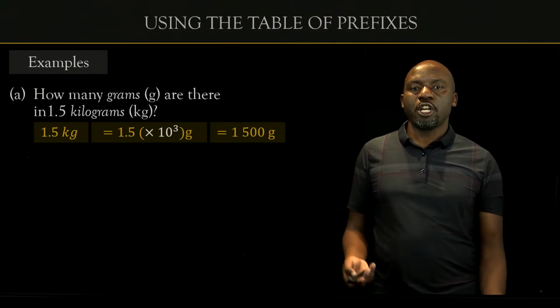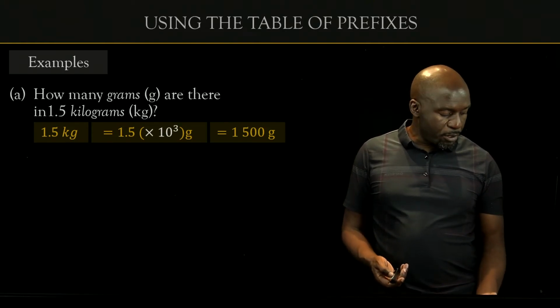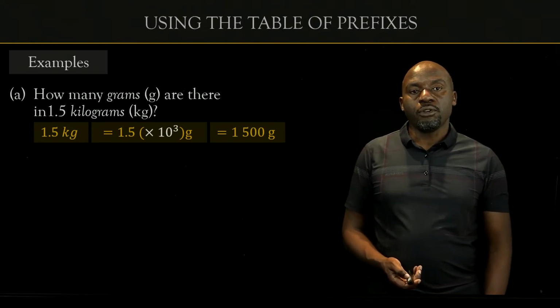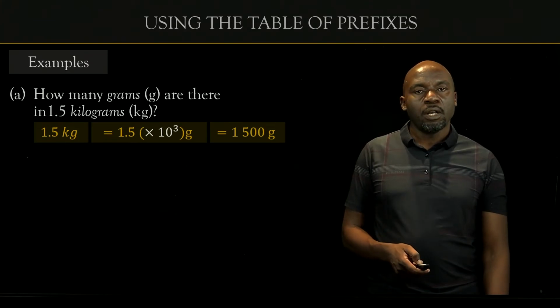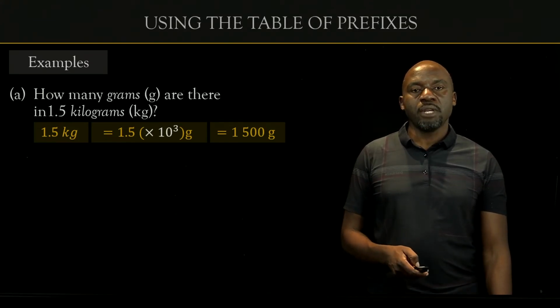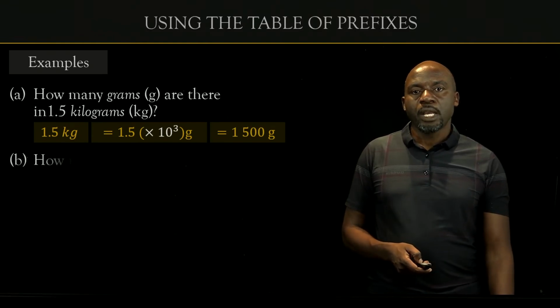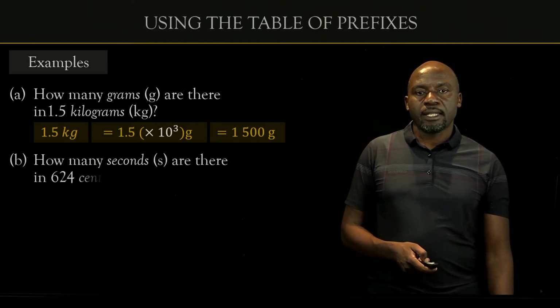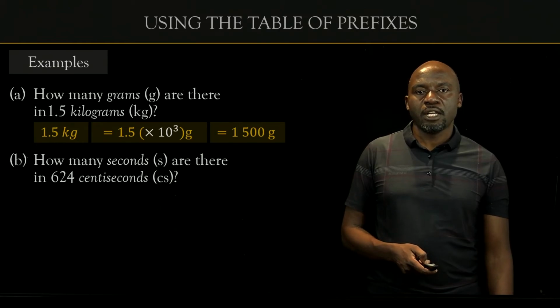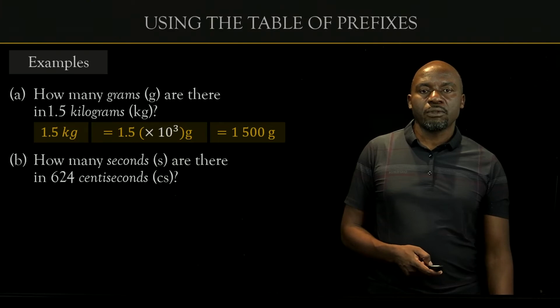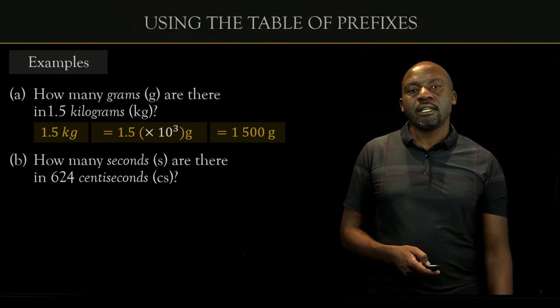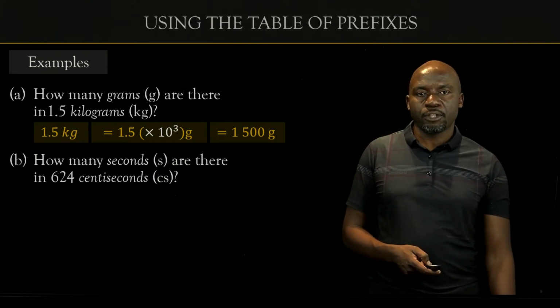Okay, so you can change from one multiple unit to another if you know the meaning of kilo, milli, and so on. If you know the meaning of the prefixes, you can use them to change the units accordingly. Here's another one. How many seconds are there in 624 centiseconds? Now once again, if you go back to the table, you will see that centi means 10 to the power of negative 2.